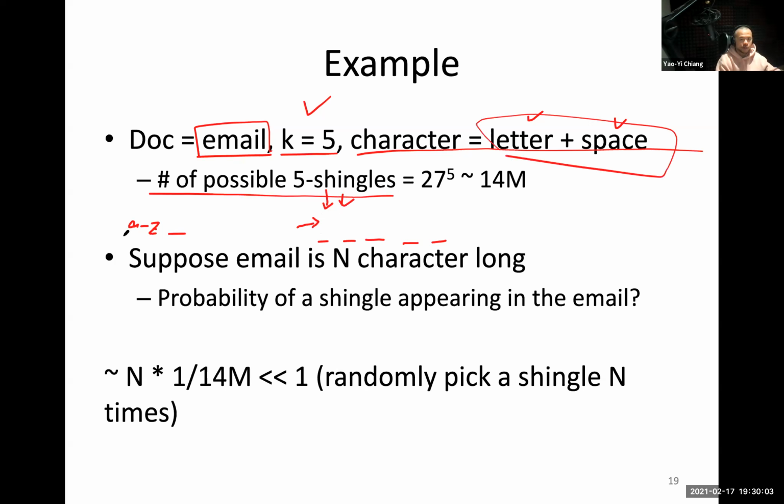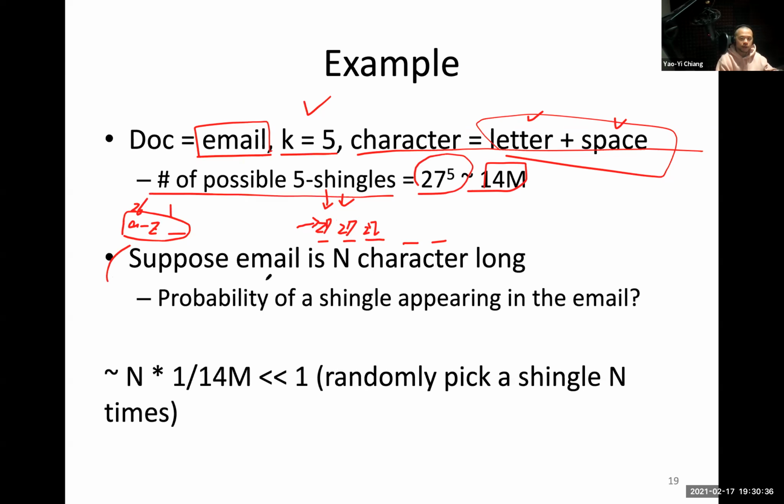And what's the total number of different characters you can have here? 26 plus 1, so it's 27. So each location in a shingle has 27 different choices. So it's 27 to the power of 5, 14 million. So the number of possible 5-shingles is 14 million. It's a pretty good, large number.